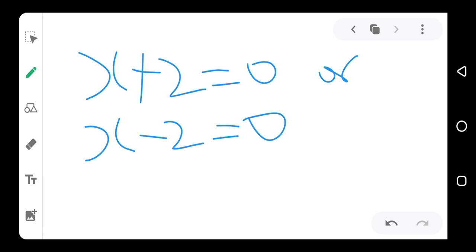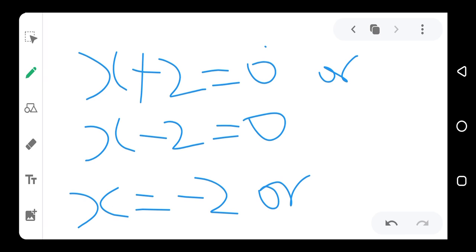Now, when x plus 2 is equal to 0, for x to stand alone, the plus 2 will go to the other side, and since it is crossing the equality sign, it will become minus. So x is equal to minus 2. Or for the second one, the minus 2 is crossing the equality sign, so it will become plus.